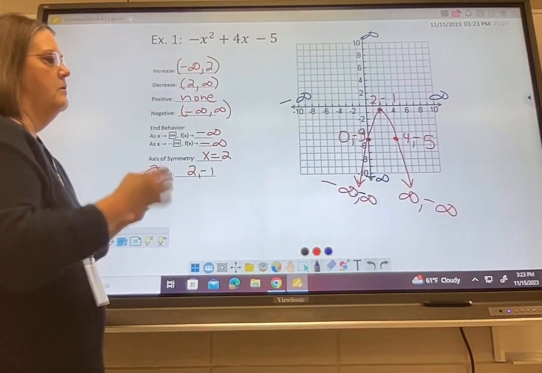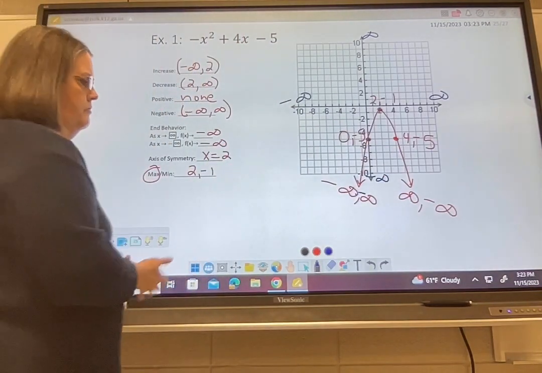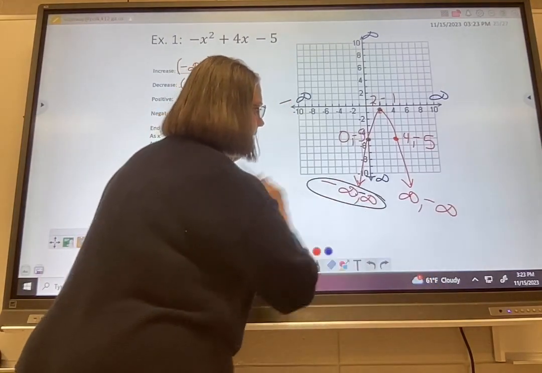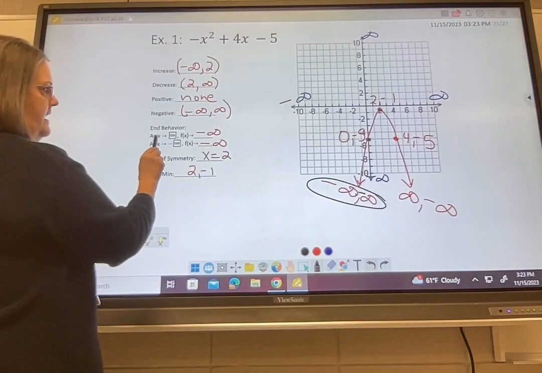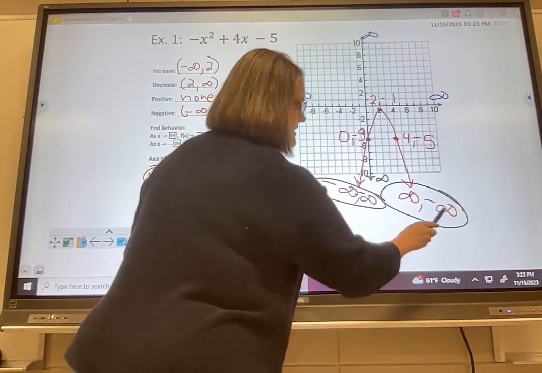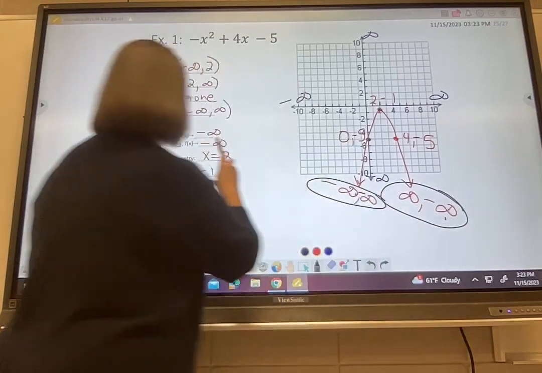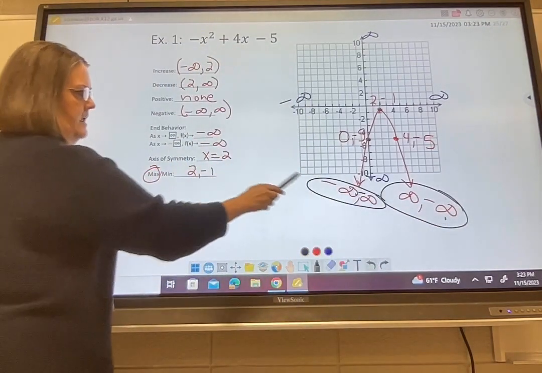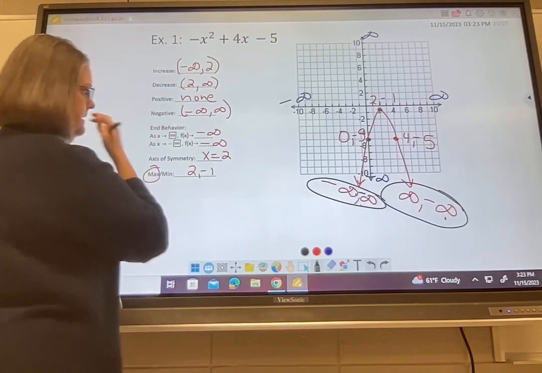In end behavior, really remember, all you're doing is reading the arrows and plugging it in. So as x approaches infinity, f of x approaches negative infinity. As x approaches negative infinity, f of x approaches negative infinity.